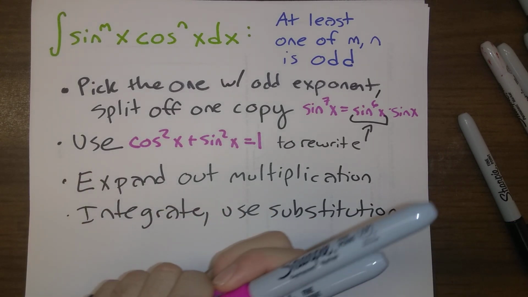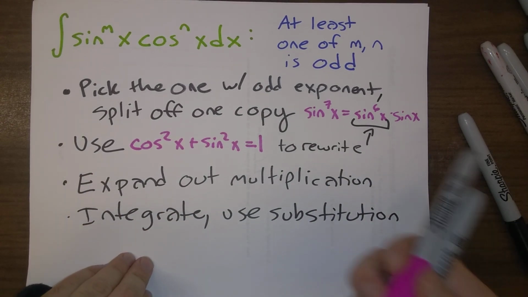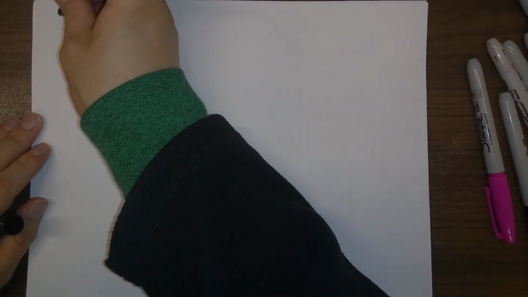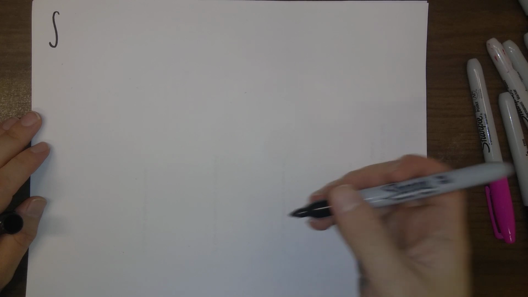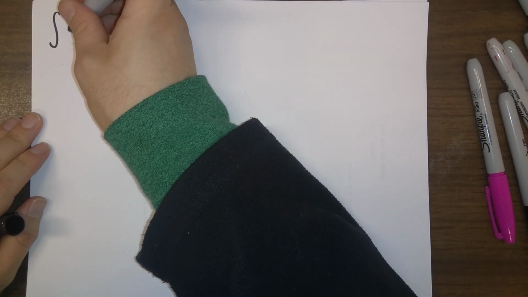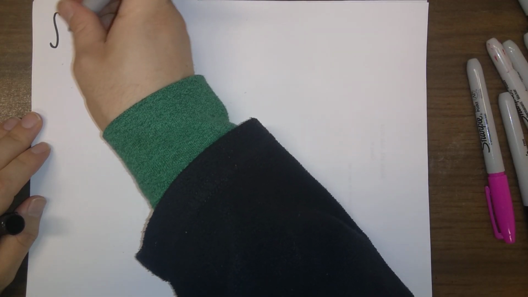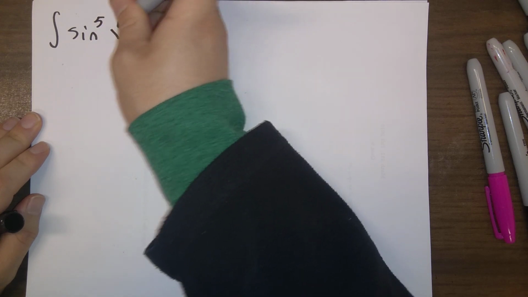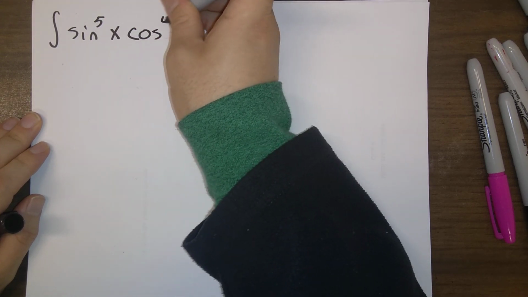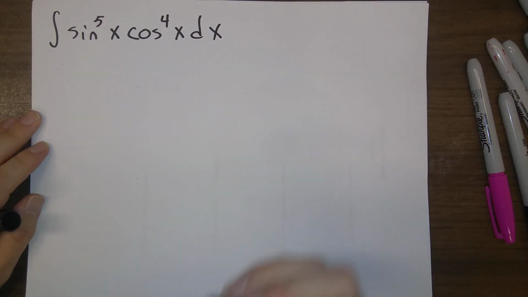So let's see an example of this. If this doesn't make sense, I think that working through one example will shine a lot of light here. Let's say that I ask you to evaluate sine to the 5th x times cosine to the 4th x dx.